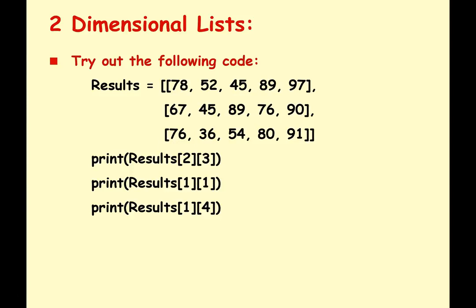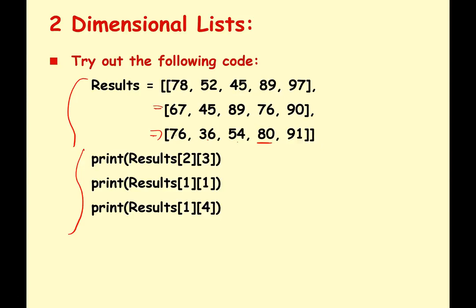So again, let's look at the code. We've got our list. We've got our print statements. What's going to print? Print results 2, 3. So remember, 0, 1, 2 is here. Position 3, 0, 1, 2, 3 should print 80. Print results 1, 1.